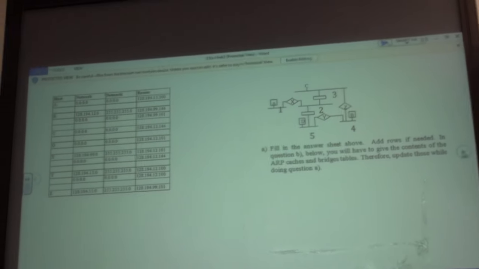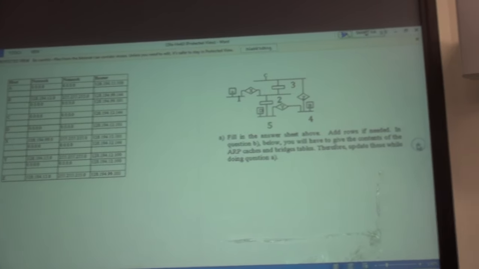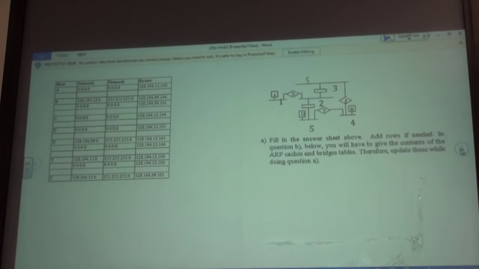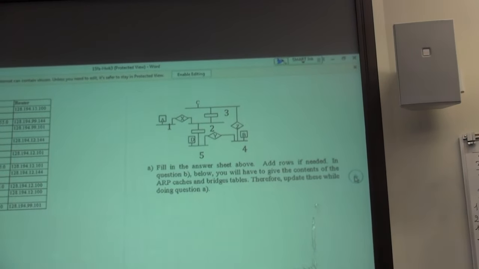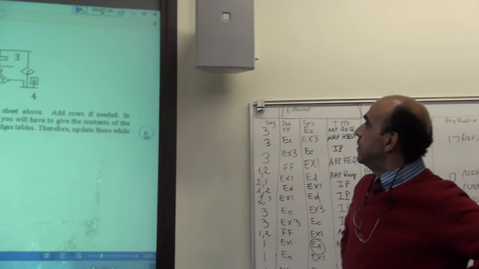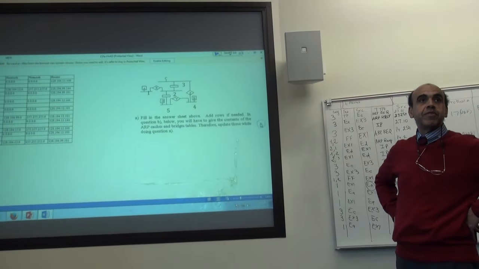So here, you can see the network that you have for the homework, okay? It's nice: there are multiple segments, 3 routers, and 2 bridges.